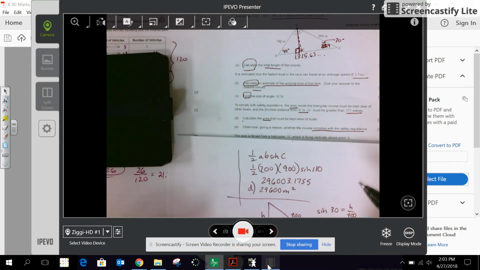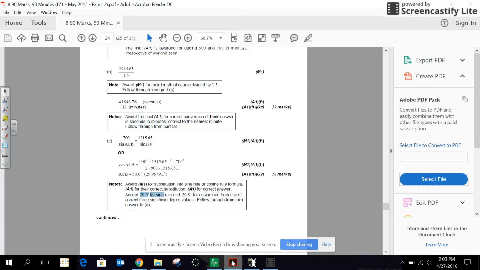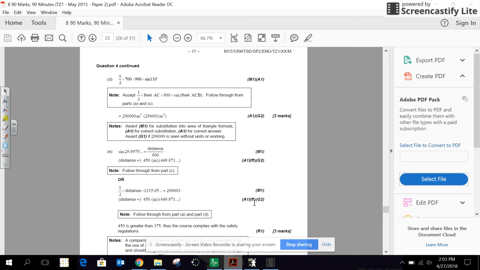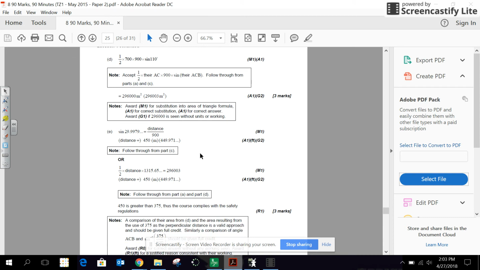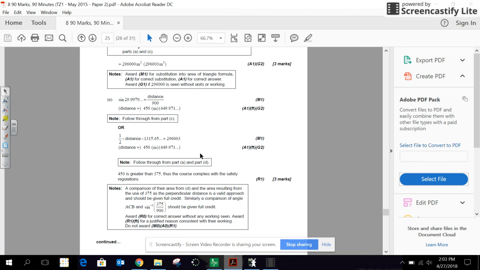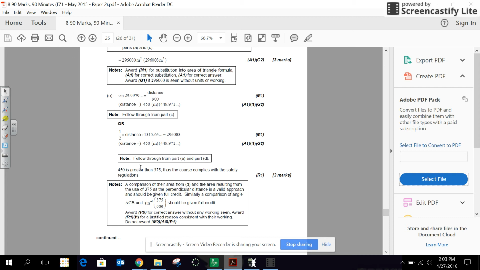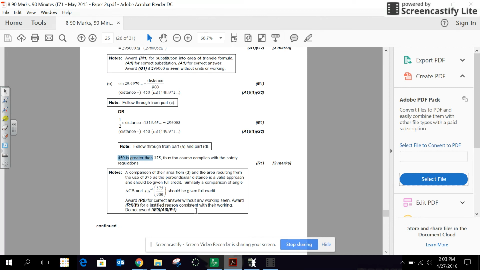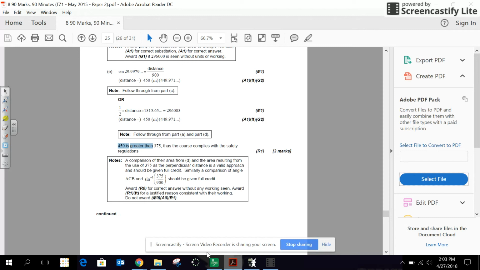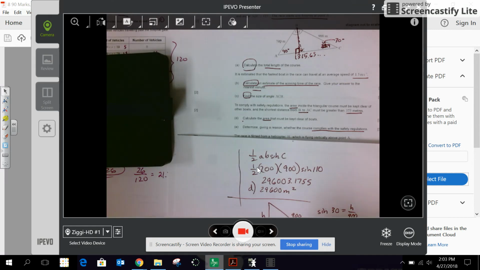So with a reason, compliance. Well, my number is bigger than 375. So 450 is greater than 375. Thus, the course complies with the safety regulations. Notice R1 there. Make sure that you are giving a reason when it asks for a reason. Okay?